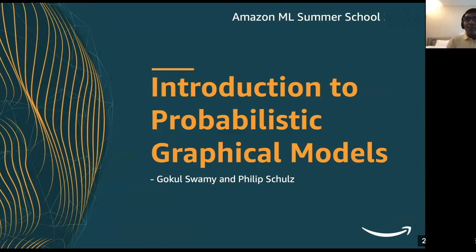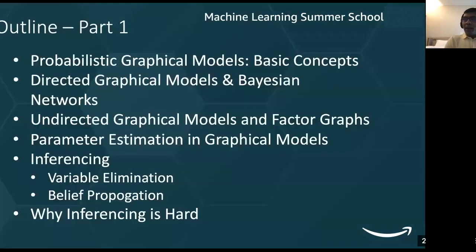This will be a two-part session, with the first part covering the basics and a second part involving more advanced concepts. Moving on, we will start off with a basic introduction to probabilistic graphical models along with some real-world applications. We will then move on to discuss directed graphical models and Bayesian networks.